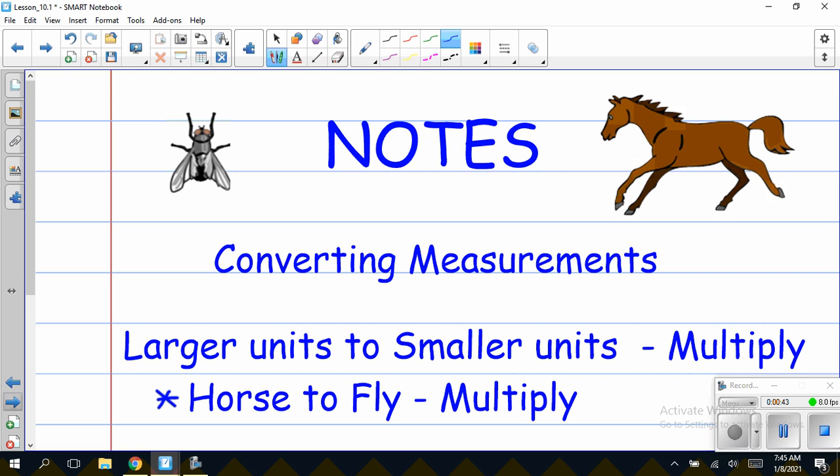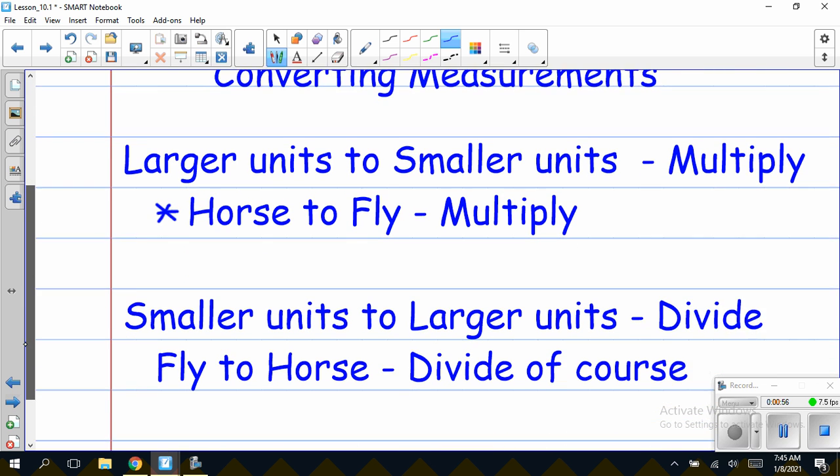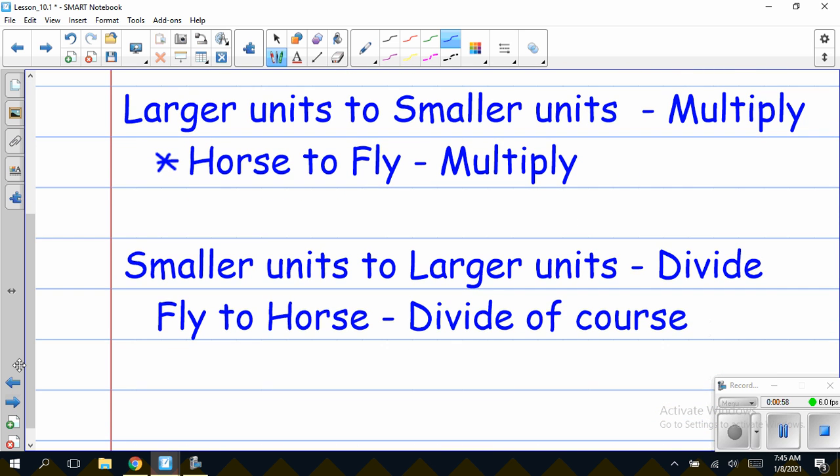Now, when we are doing our conversions, we do have a couple of different sayings to help us remember whether we have to multiply or divide. The first saying helps us remember when we have to multiply: when we are going from a larger unit of measure to a smaller unit of measure, we multiply.